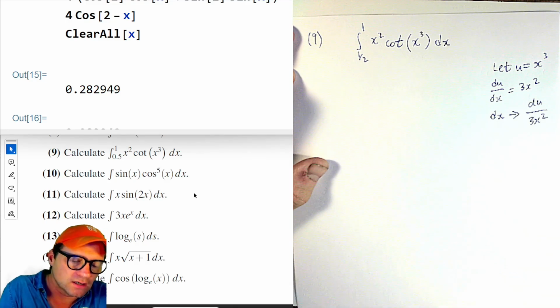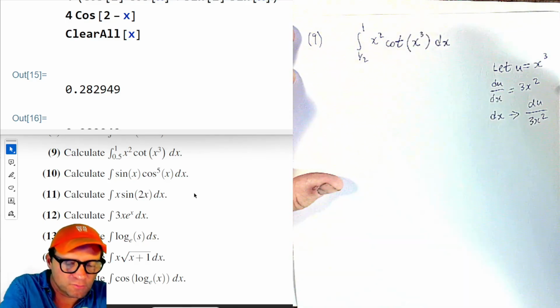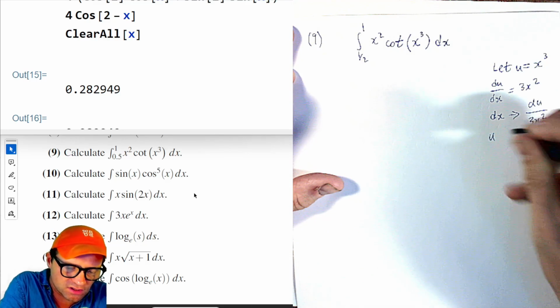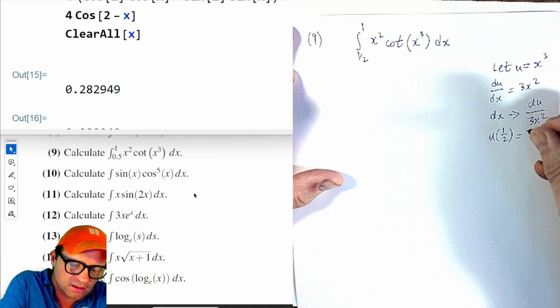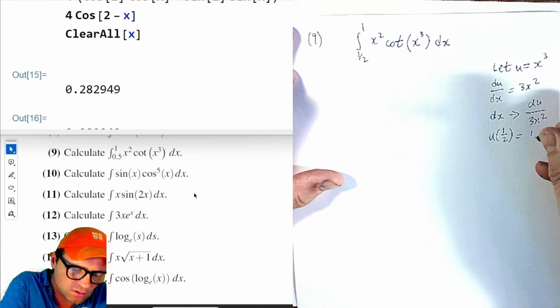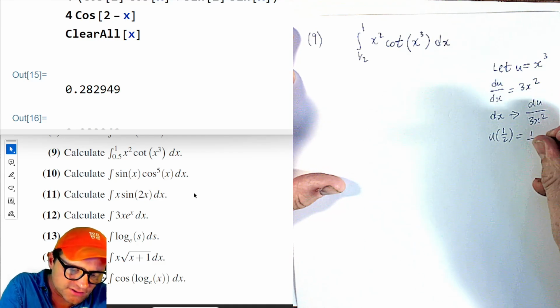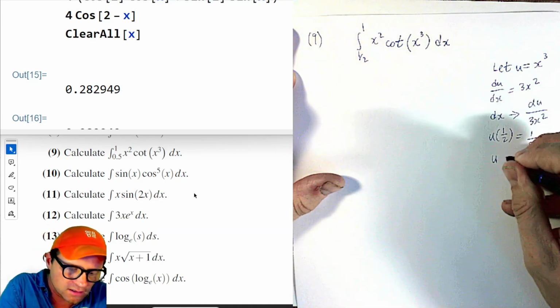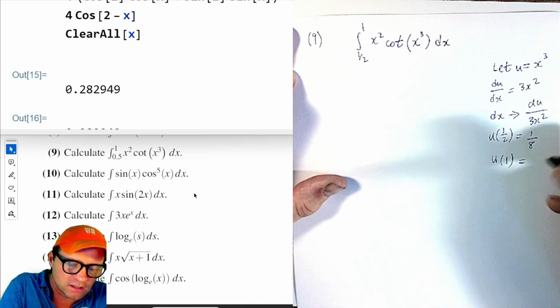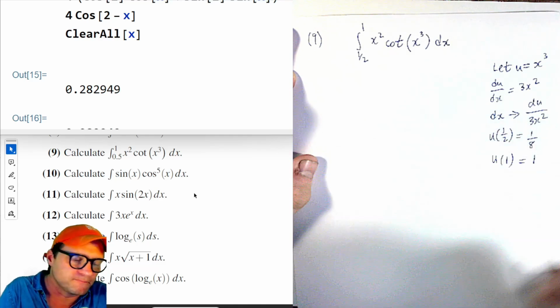in here, but we also need to know our new bounds of integration. So u of 1/2 is 1/2 cubed, or 1 over 2 to the power of 3. 2 to the power of 3 is 8. So we have 1/8 for that. u of 1 is 1 cubed, which is 1.